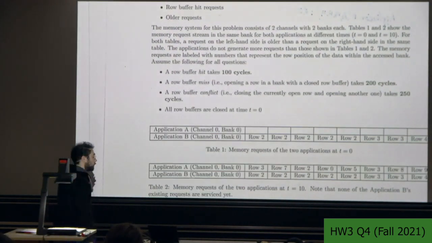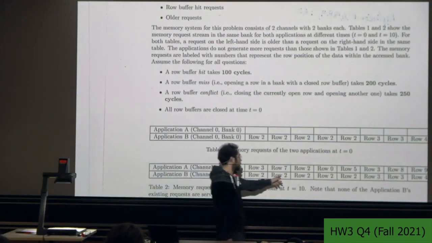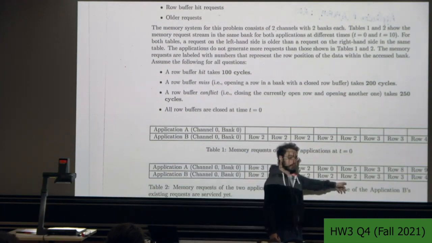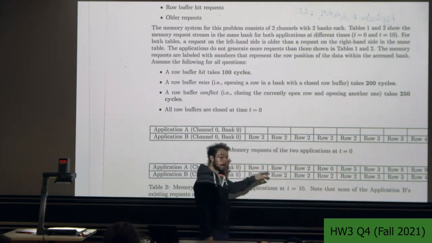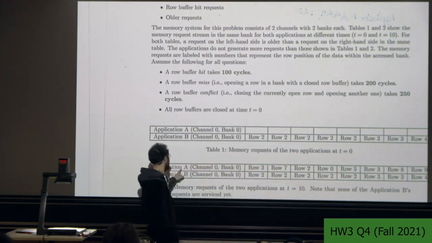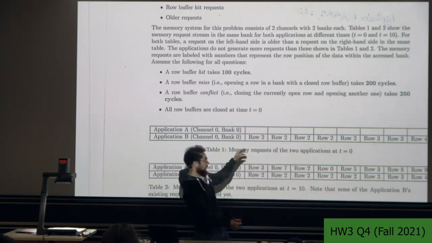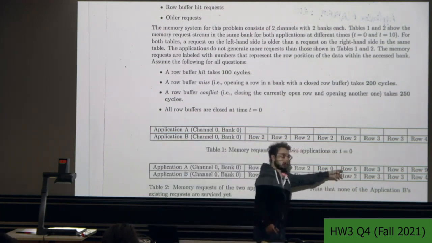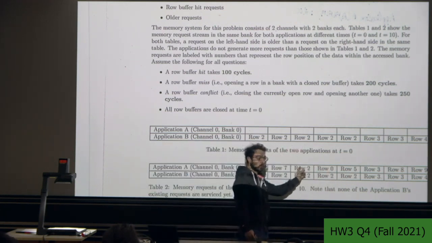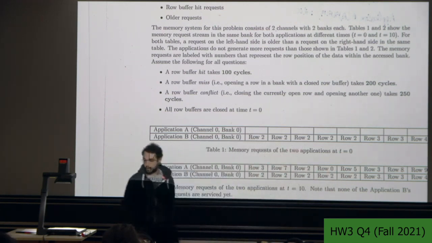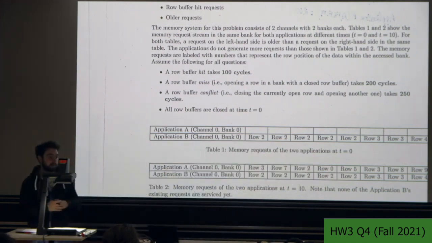Then application B will execute 1, 2, 3, 4 requests, because these are all hits. But in application A, there is also row 2, right? So before this row 3 is opened, we need to execute one hit from application A, because this request can be serviced. It's in the same row buffer, right? So we can actually perform the request.